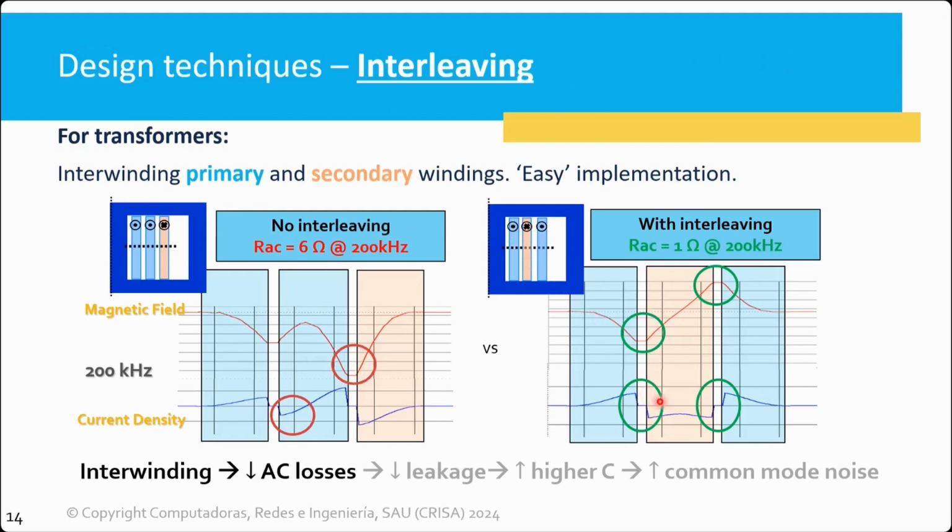What we achieve is a more homogeneous distribution of our current and lower values of the magnetic field, leading to a reduced amount of power losses. So it would be really helpful to use this interleaving in order to reduce the losses and therefore the size.